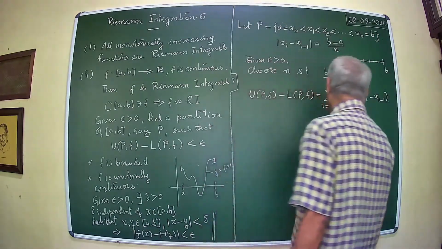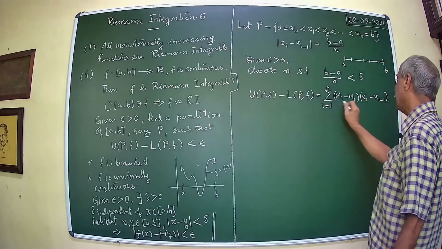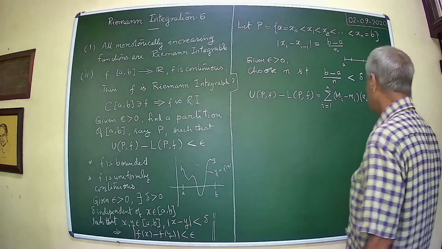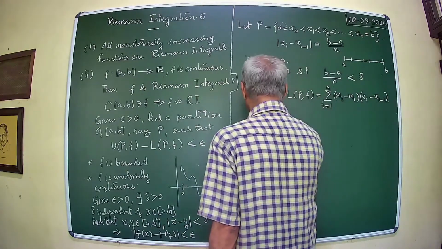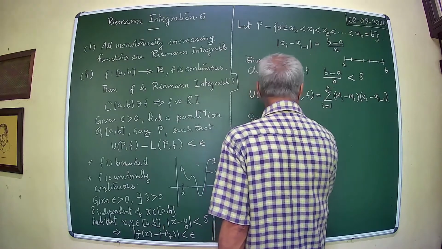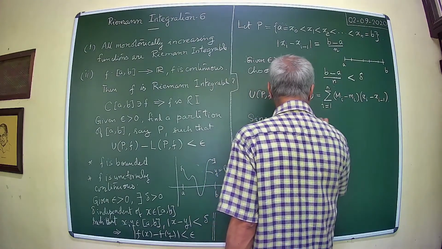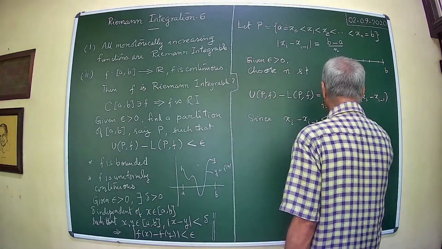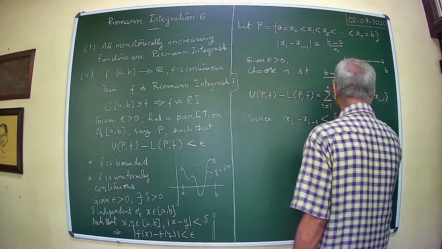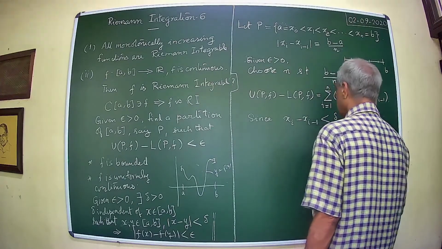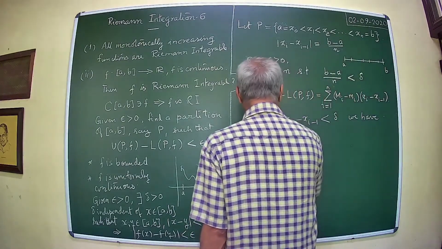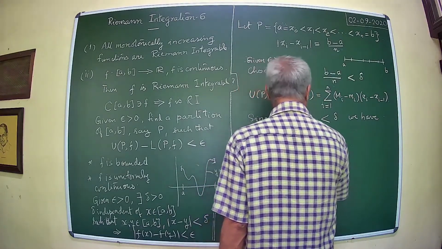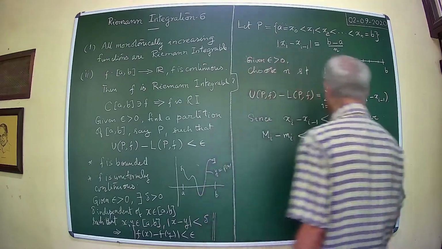So what can you say about Mi minus mi? Since xi minus xi minus 1 is less than delta, we have Mi minus mi less than epsilon.